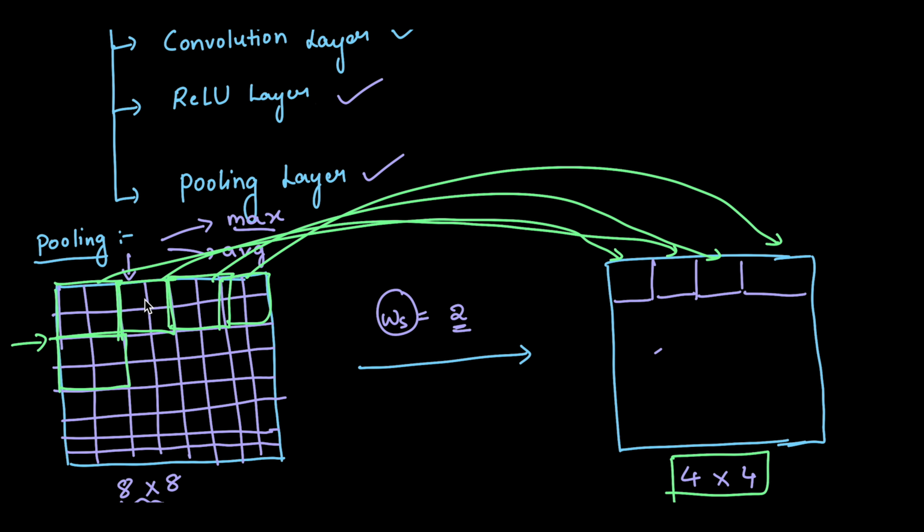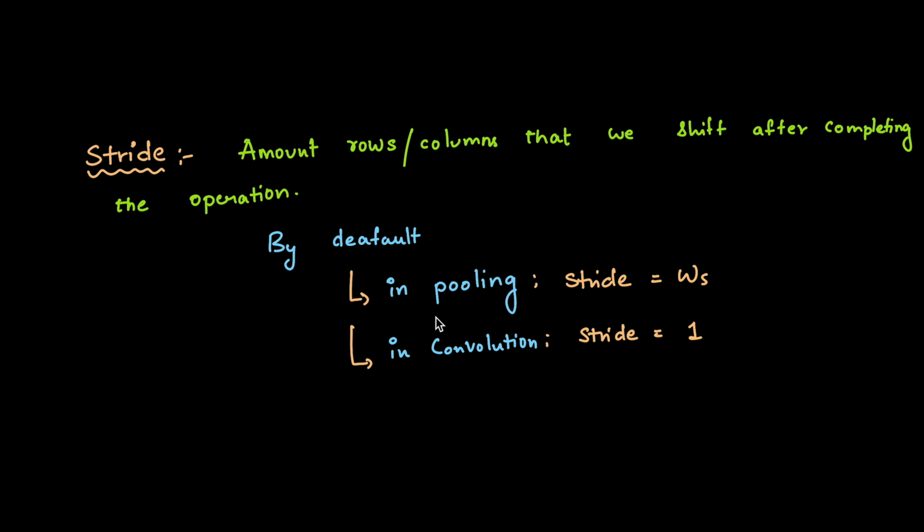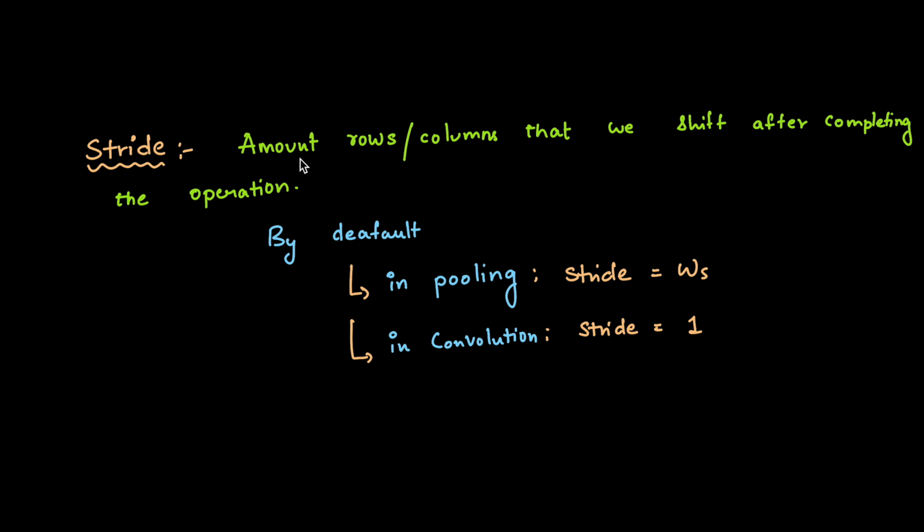The amount of movement of these rows and columns after applying one operation, we call that stride, and I explained this concept in the last video also. Let's see stride in more detail. Stride is the number of rows or columns that we shift after completing the operation.